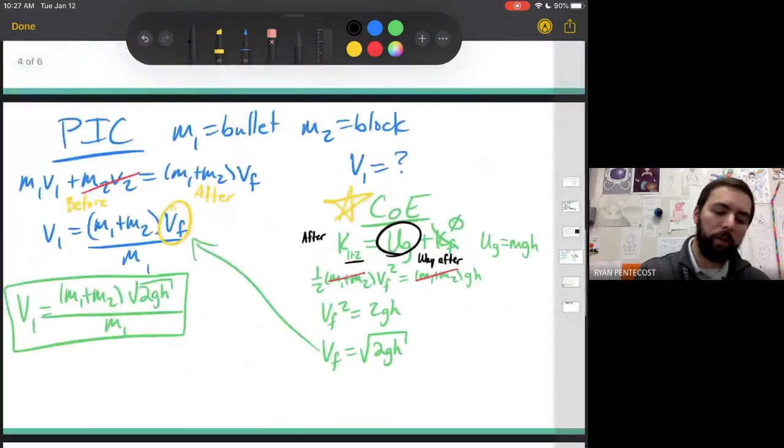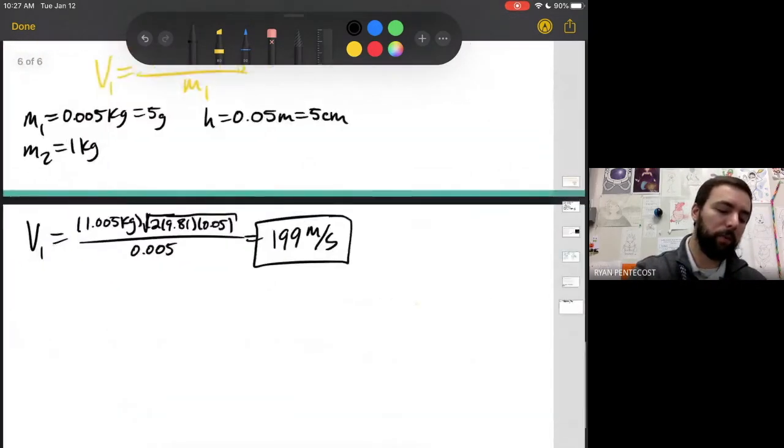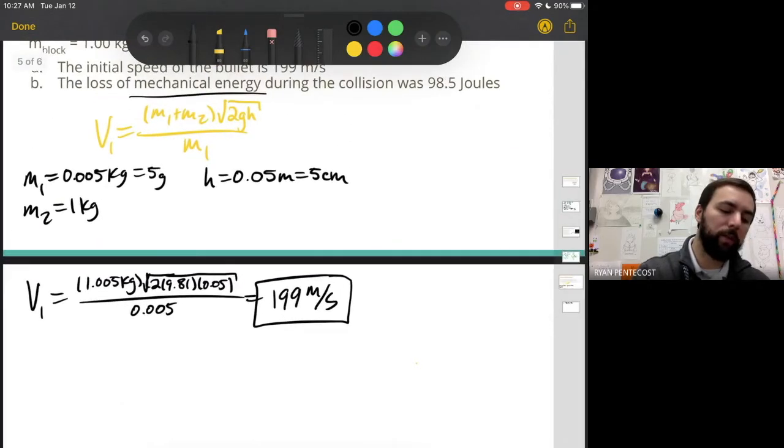So here we're not looking at the before and after collision energy change, because after the collision, we're saying that energy is conserved, right? It's going to swing up. There's no loss in energy as it swings. We're saying that air friction is negligible. But your colleague says that there is a loss of mechanical energy.